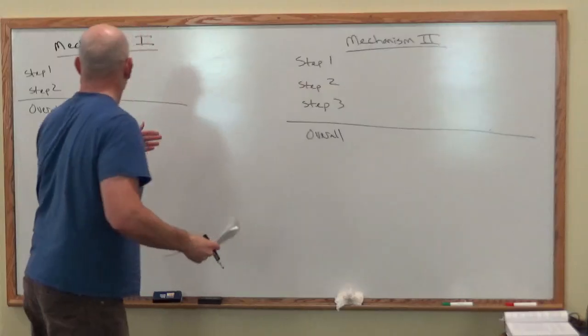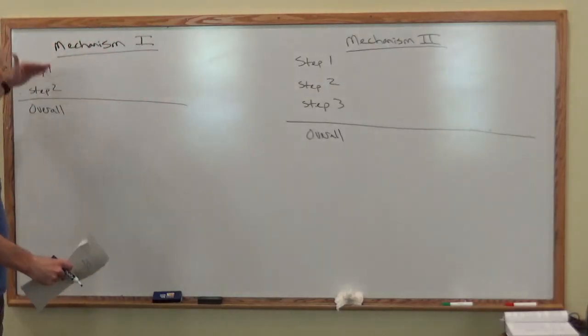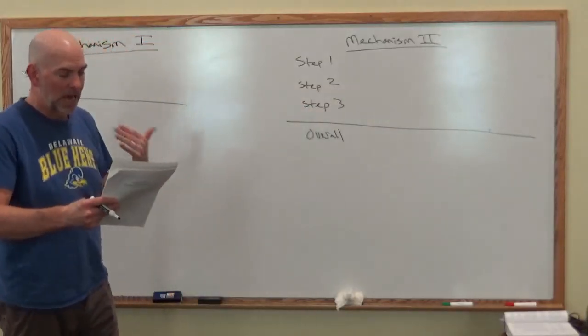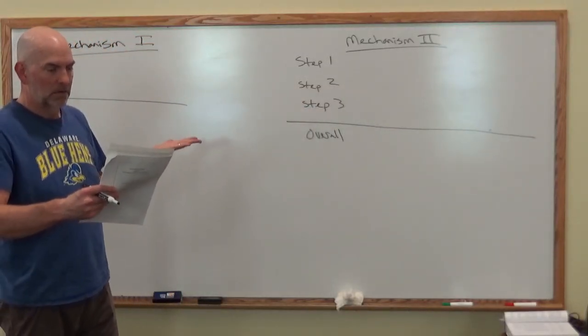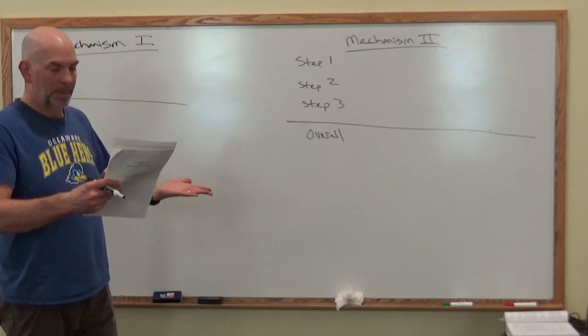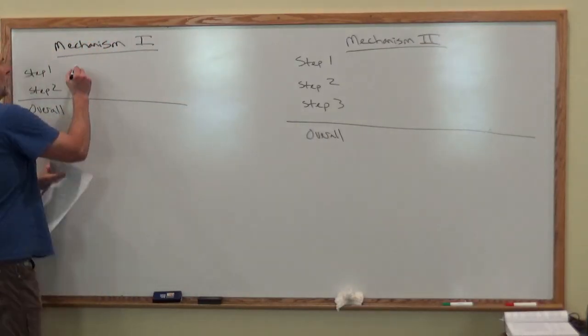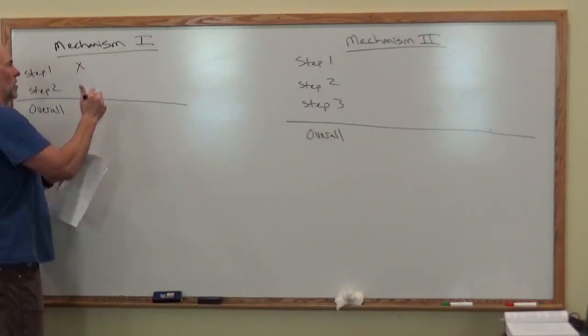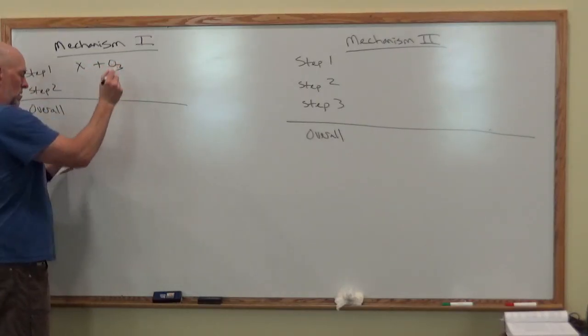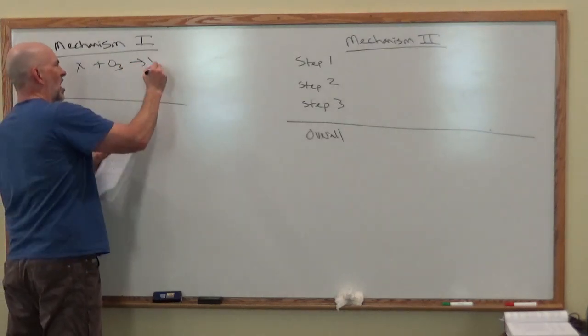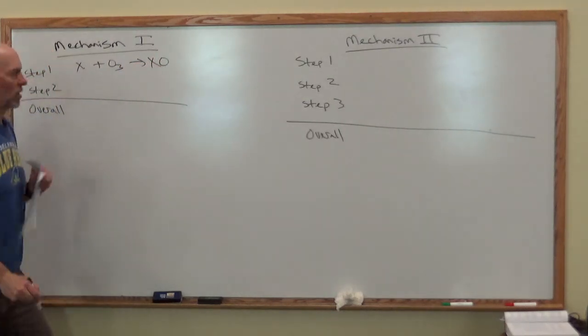Now, this is just to make sure we understand. Mechanism means individual steps adding up to an overall. Happens to be 2 steps here, 3 steps here. Okay. And so the first one is you have your free radical reacts with ozone, and the first step is that free radical plucks off one of the oxygen atoms.